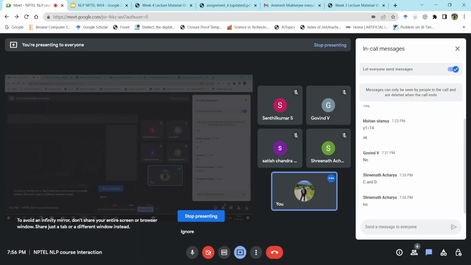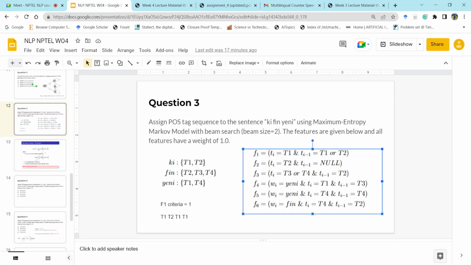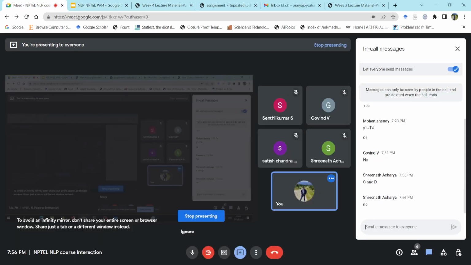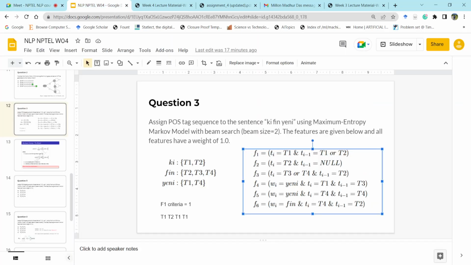Is the second one true? I think we said all the features are false for the previous case.